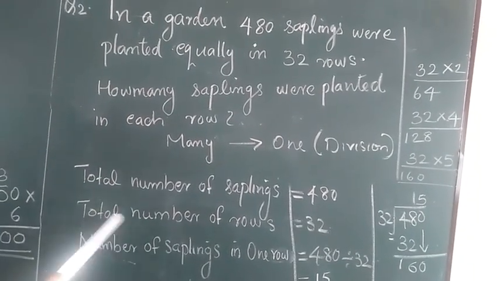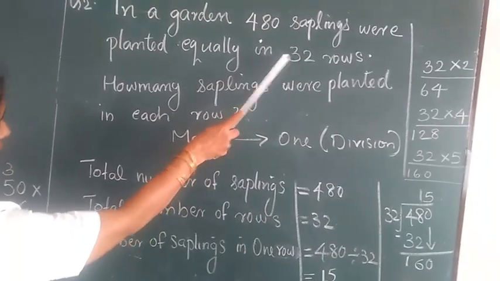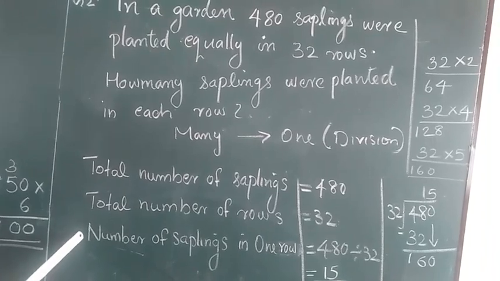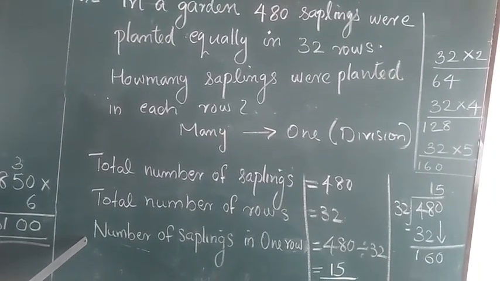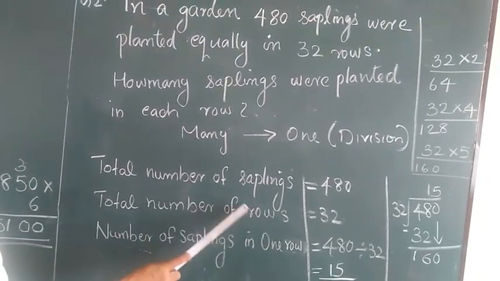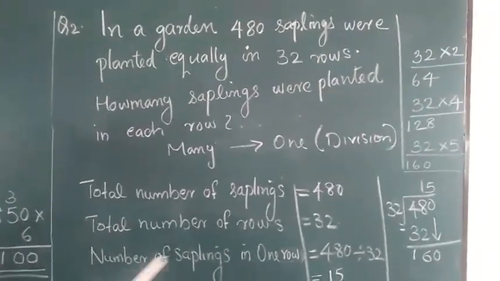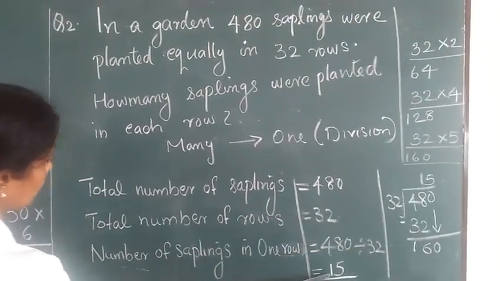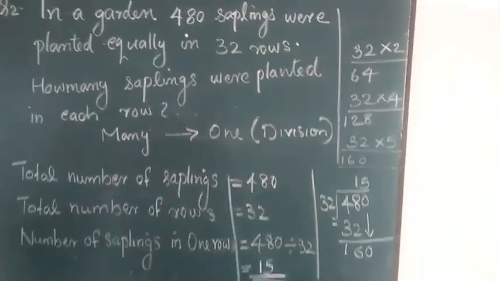Next step will be total number of rows, 32. What is the question? How many saplings were planted in each row? Therefore, the number of saplings in one row. That means 480 divided by 32. Then we will go for the calculation in the working column.